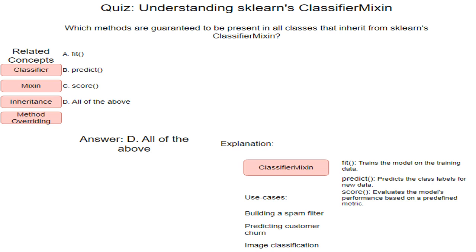Inheritance is a key concept in object-oriented programming, where a class can inherit properties and methods from its parent class. In sklearn, different classifier implementations like logistic regression, decision tree classifier, and random forest classifier inherit from classifier mixin to inherit common classifier methods.